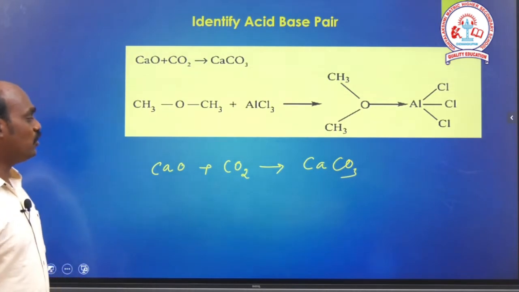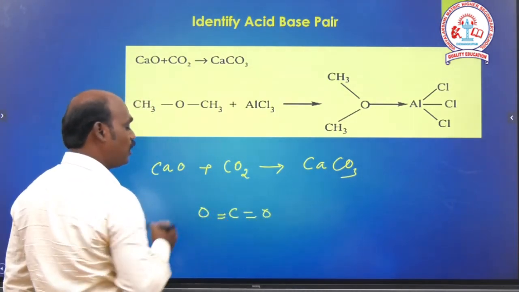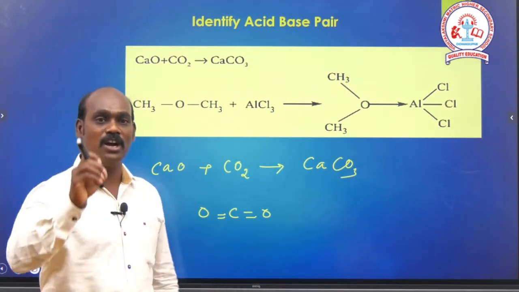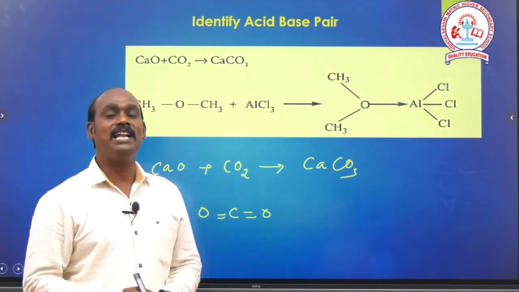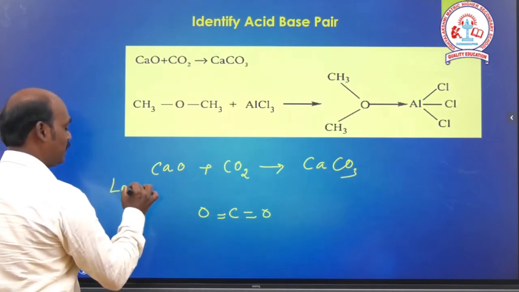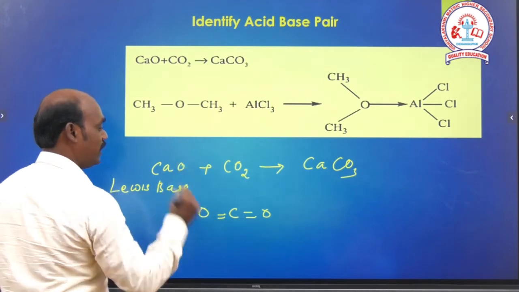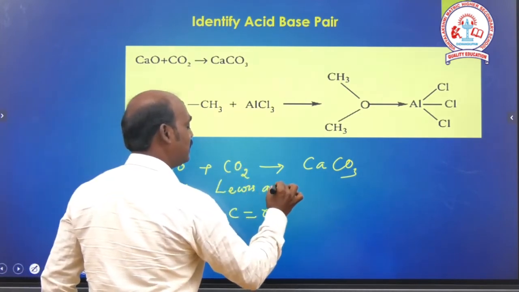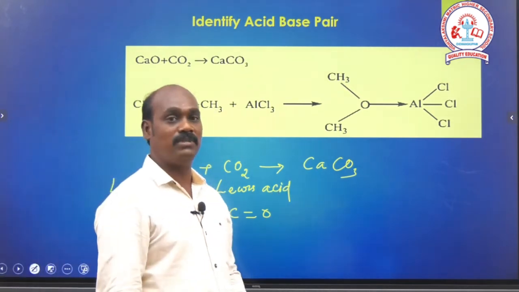Here carbon dioxide has, as I already told, multiple bonds. So if the species has multiple bonds it belongs to acids. So here carbon dioxide is an acid, calcium oxide is a base. So calcium oxide is a Lewis base. Okay, carbon dioxide is a Lewis acid. Clear?